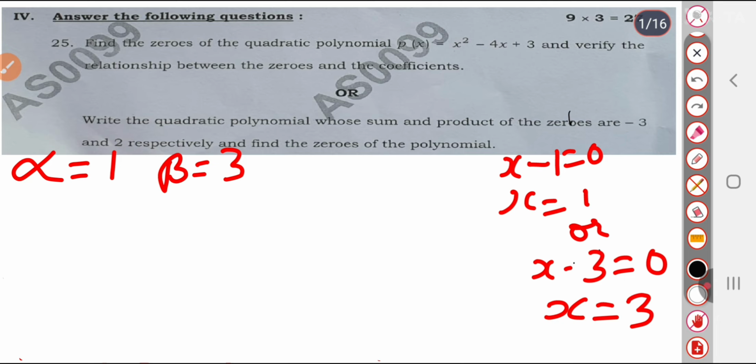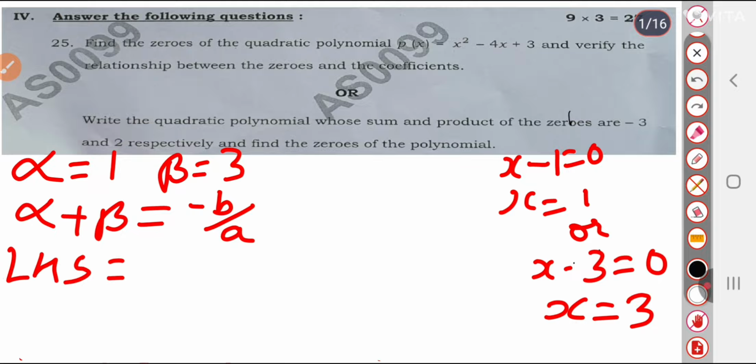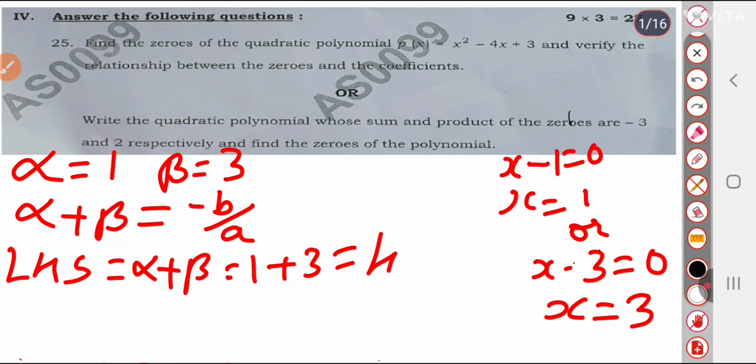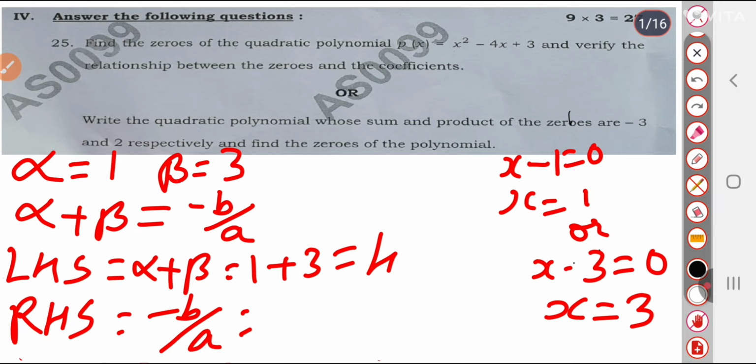For that, you know, alpha plus beta, sum of zeros, alpha plus beta is equals to minus b by a. We'll solve. LHS is what? Alpha plus beta is equals to 1 plus 3 is equals to 4, and RHS minus b by a, that is minus b. In this, what is b? Minus into minus 4.